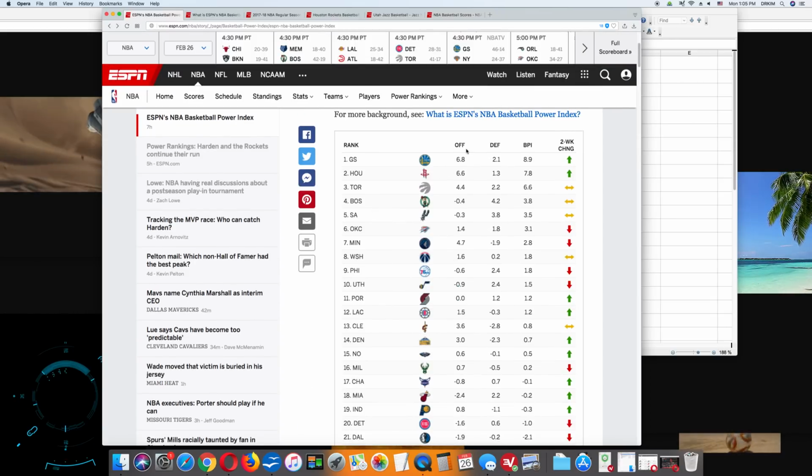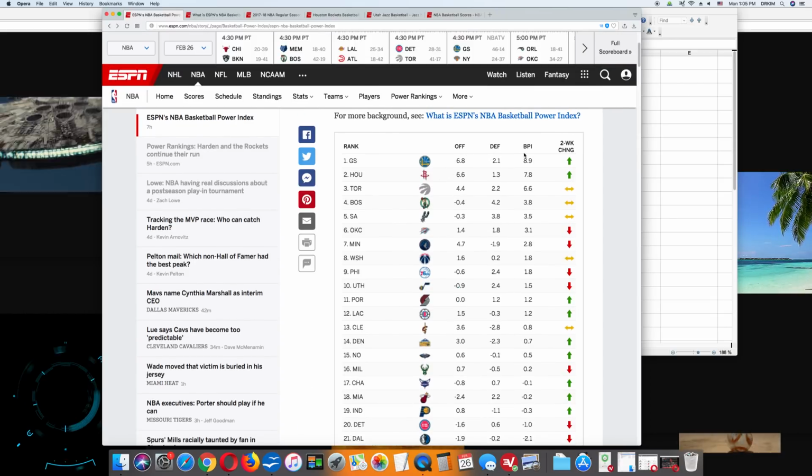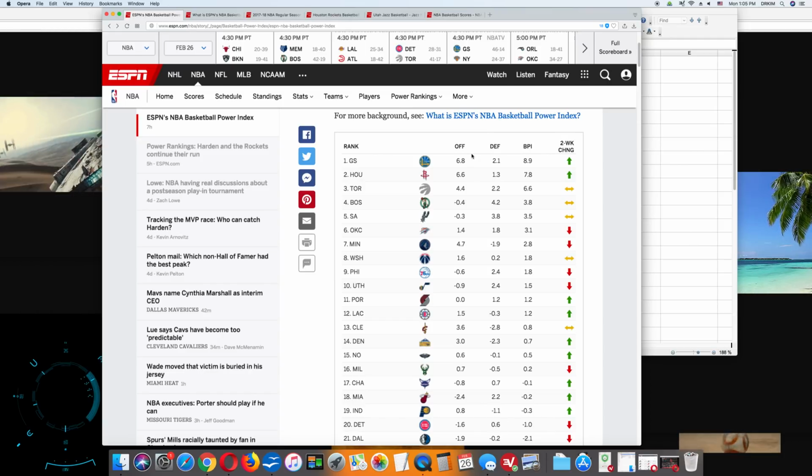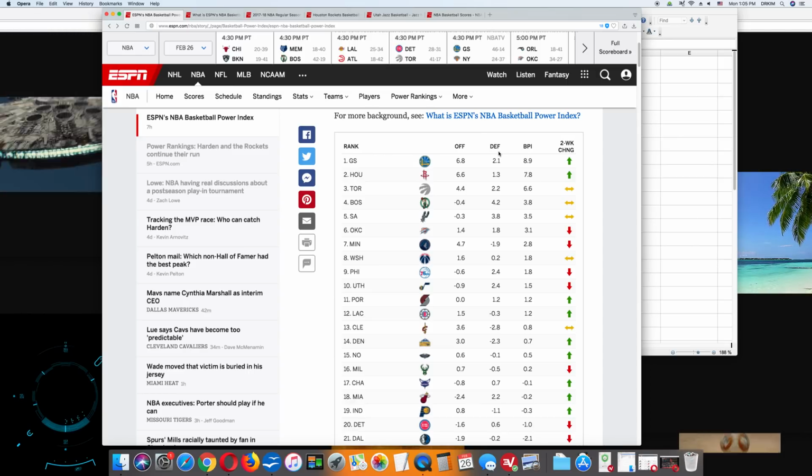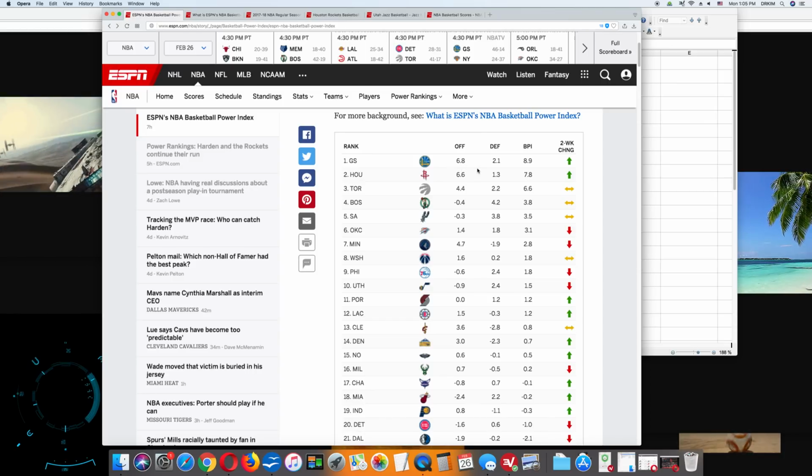They have offense, defense, and overall BPI. And these numbers are all based on a hypothetical average team in the NBA. So to get the BPI, you add the offense and the defense. So for Golden State, 6.8 plus 2.1. And that gives you 8.9. So that's the relationship of these 3 variables.